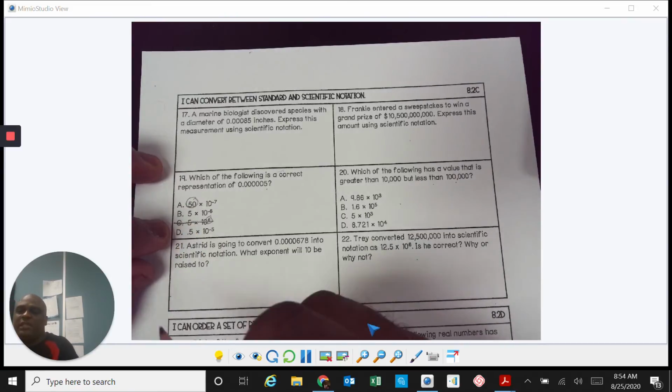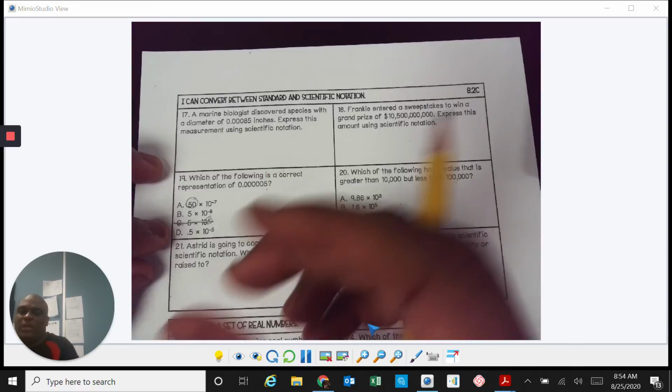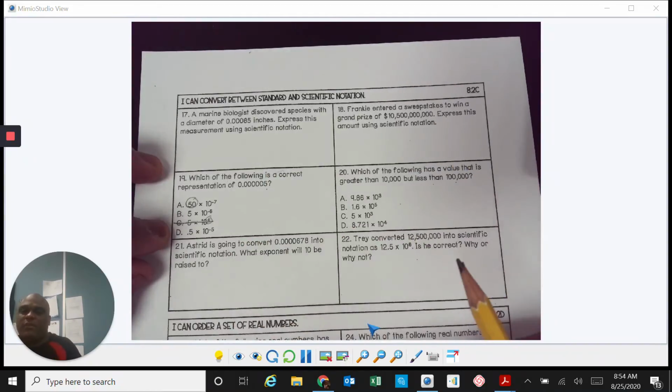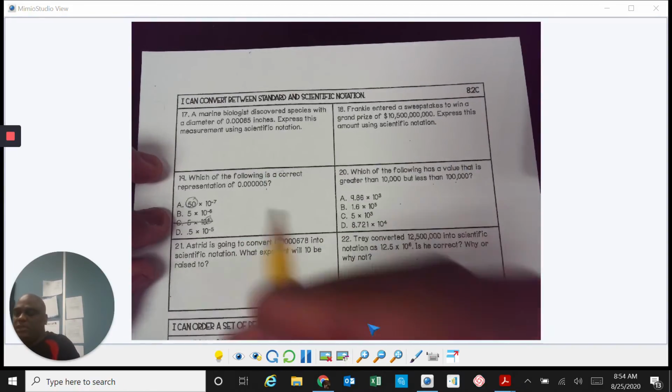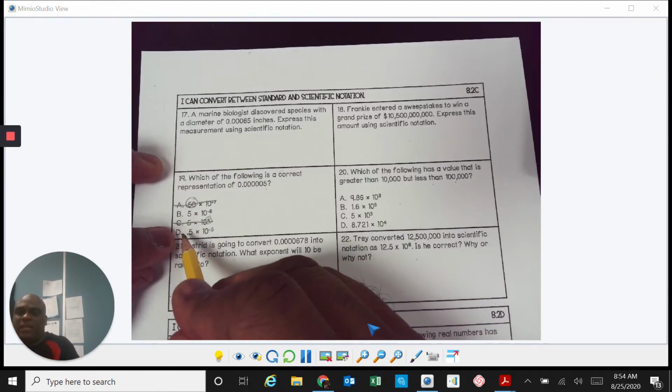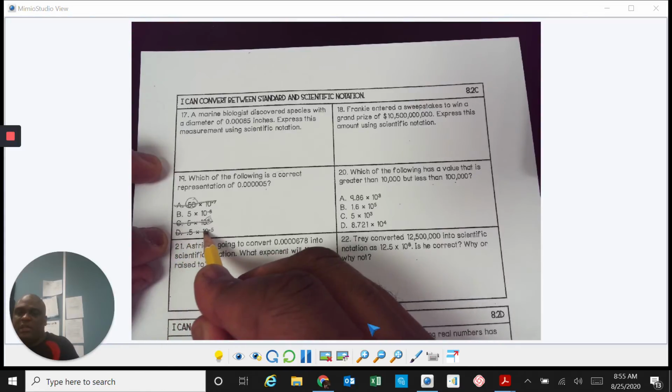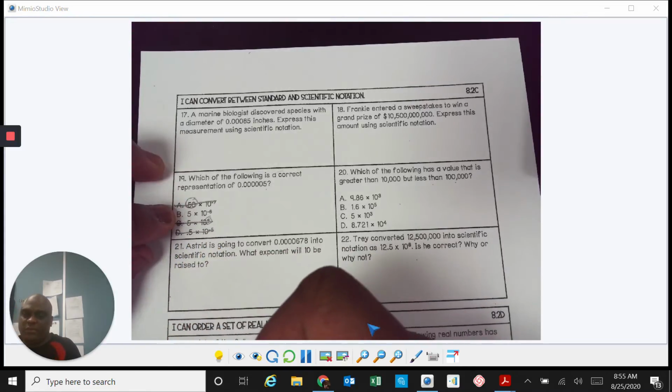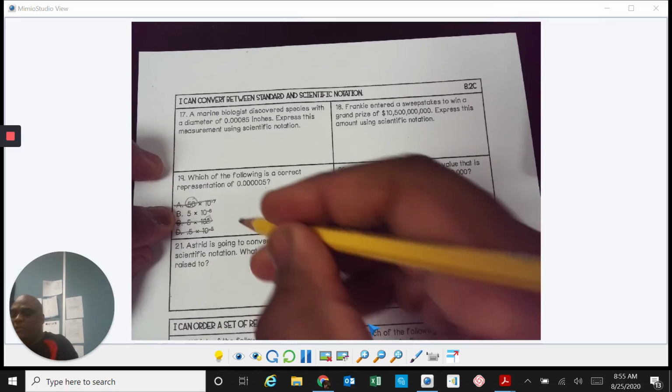I know the first digit needs to be a number 1, 2, 3, 4, 5, 6, 7, 8, or 9. So this one cannot be it. Same rule applies to this. It needs to be a digit to the left of the decimal point. That's not it.